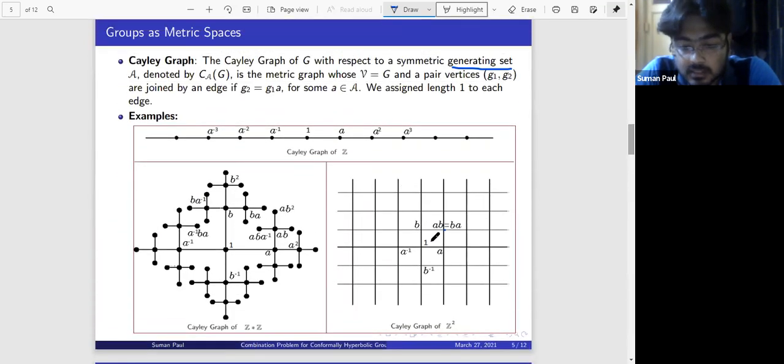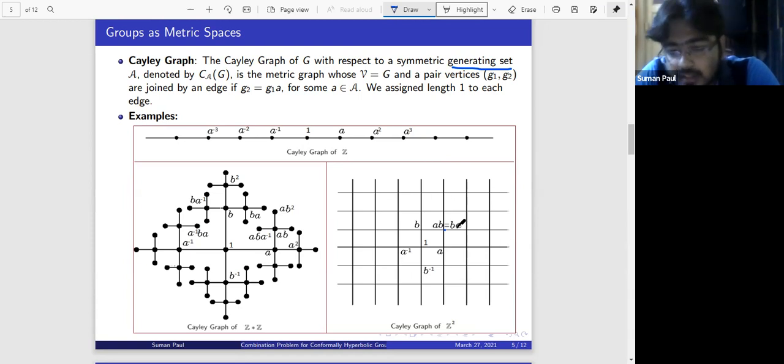Okay, and some non-examples. So this is an interesting example. The Cayley graph of Z direct product Z is basically a grid. And you can show, and it is easy, that this graph is quasi-isometric to R2, the Euclidean plane, and we know that R2 is not hyperbolic.